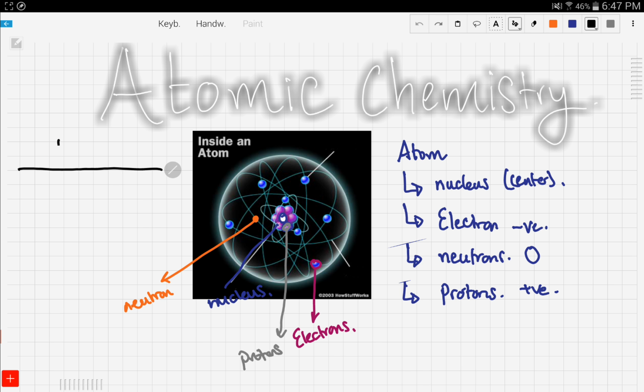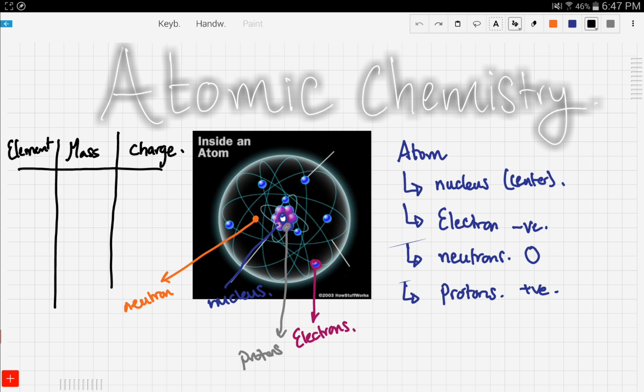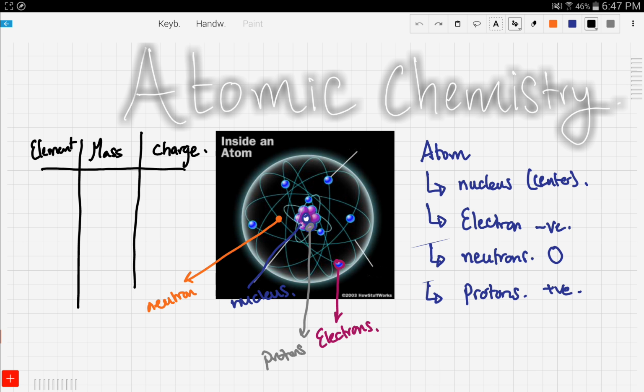Now here is a table. We have the element, the mass of that element, and finally the charge. First, let's look at protons. The mass of the proton is 1.67 times 10 to the negative 27 kilograms.